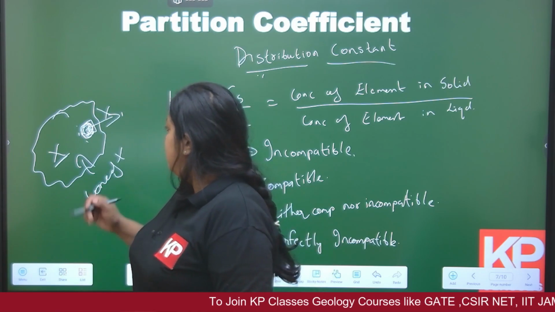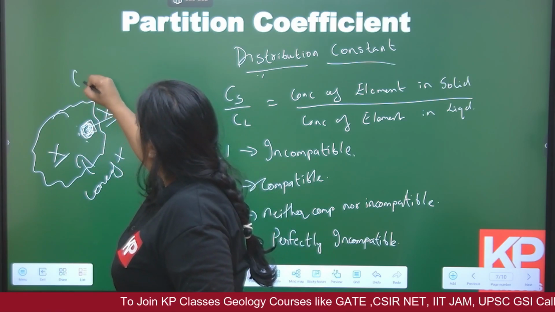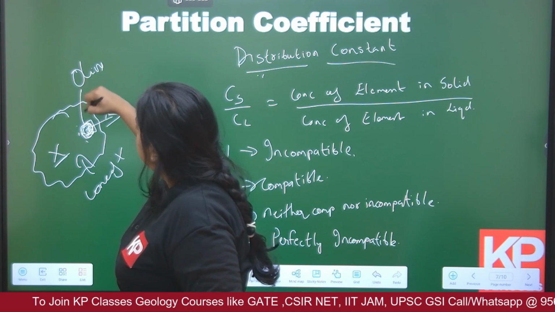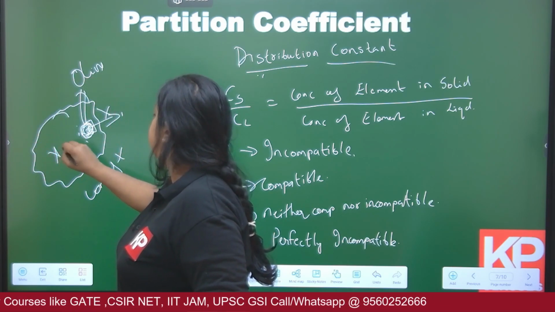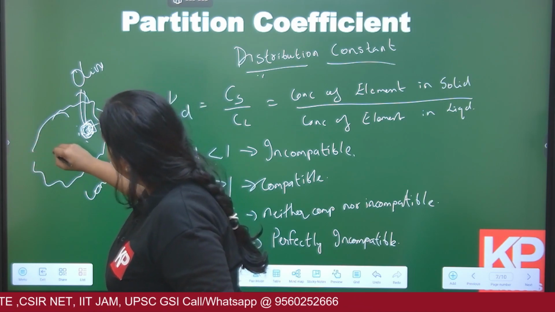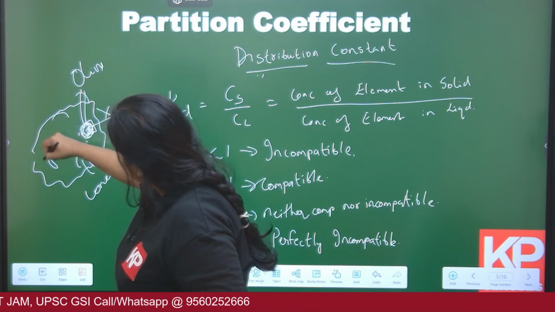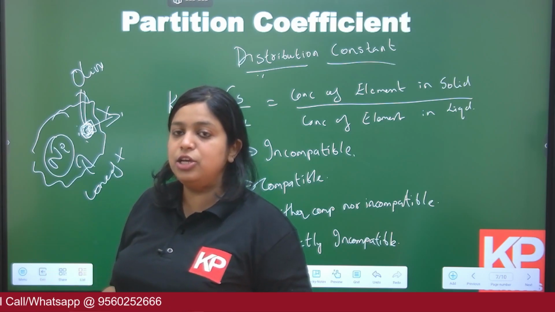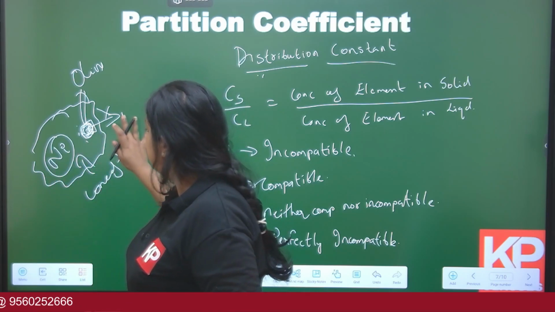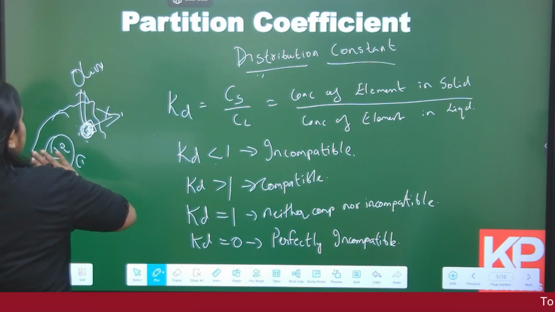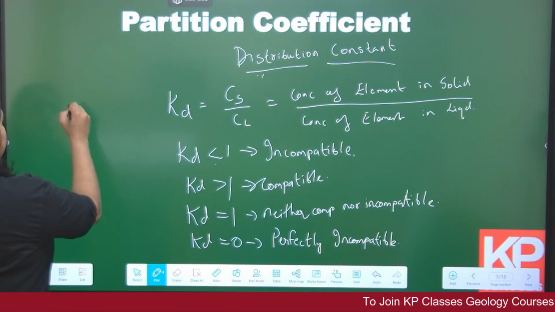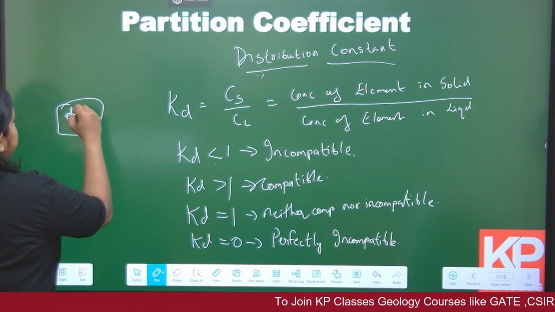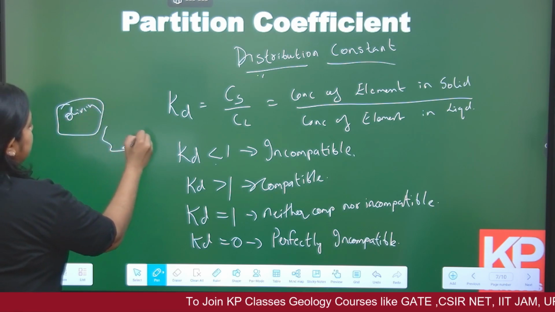For example, if the mineral olivine is crystallizing and we are talking about the element nickel. In the liquid, imagine an olivine crystal is melting, so a melt has been formed.